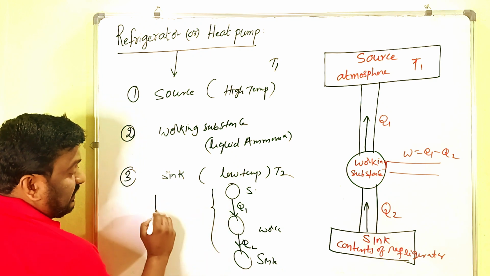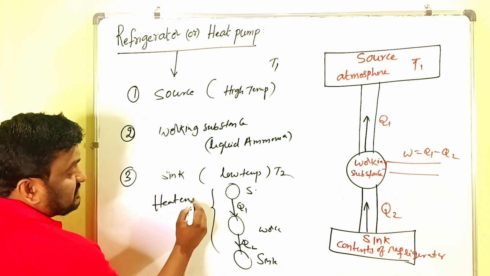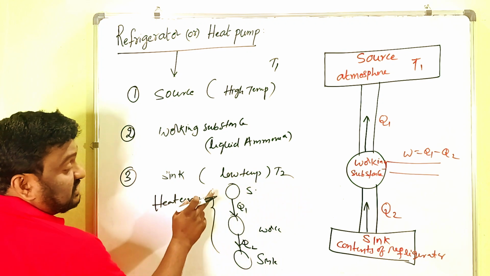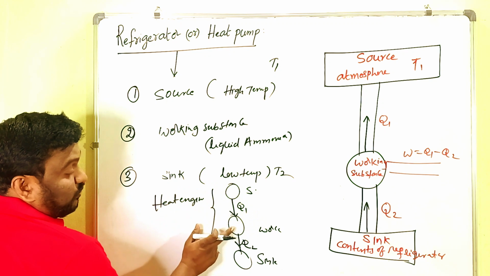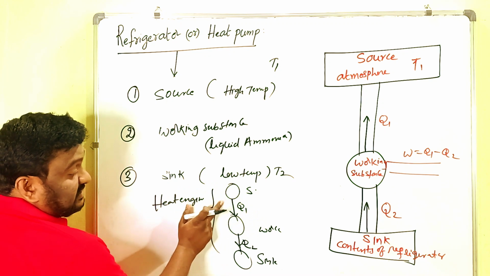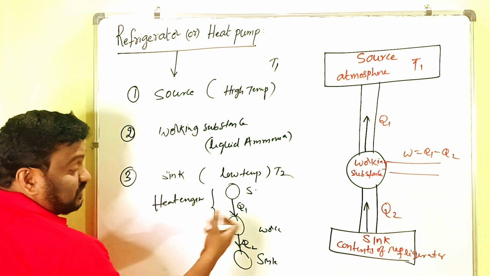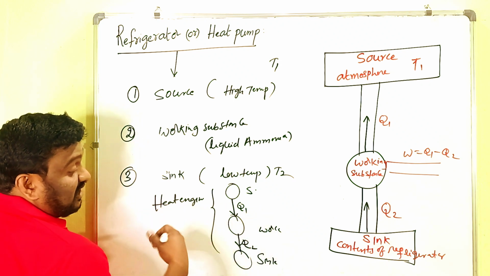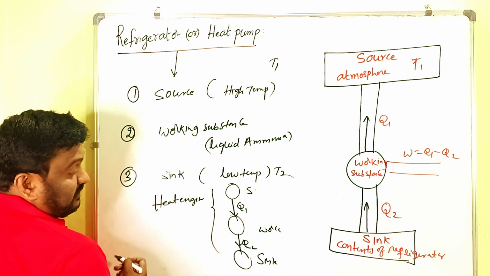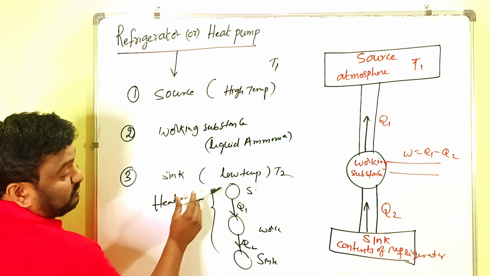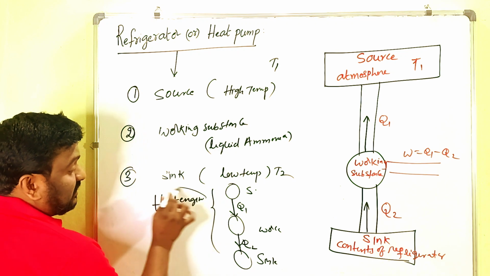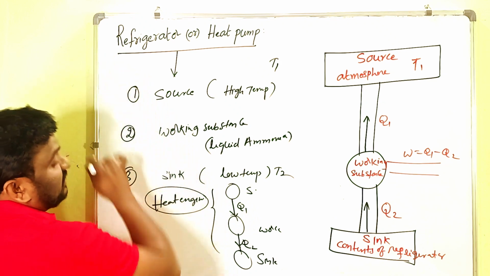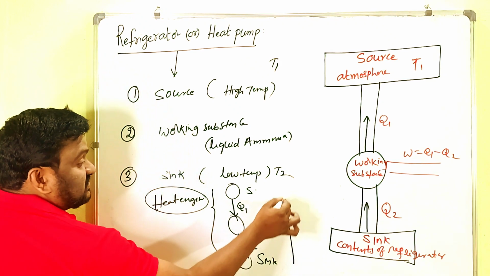In a heat engine, the source is at a high temperature, so it will eject heat to the working substance. From that heat, some part is utilized to do some work and the remaining part is rejected to the sink. That means heat flows from source to sink in a heat engine. But in a refrigerator, it goes in reverse.